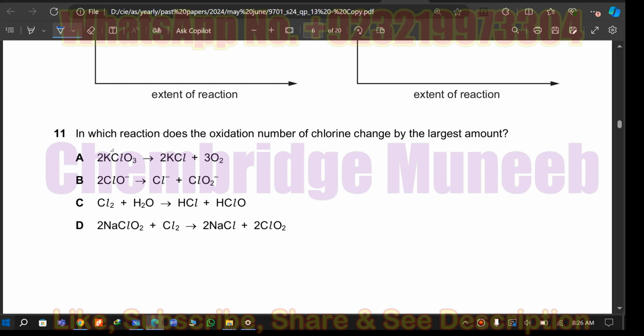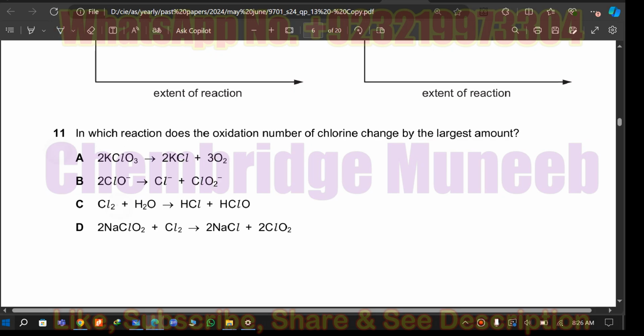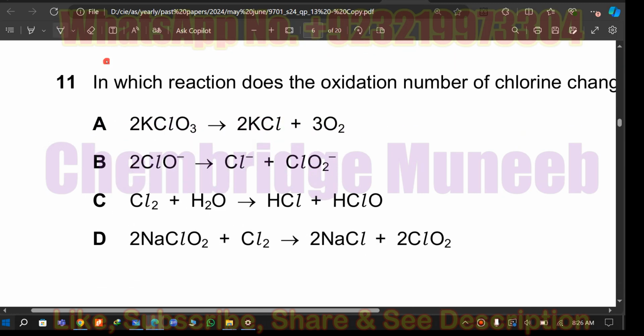So in option A, the oxidation number of the chlorine will be +5 over here, because oxygen is -2, -2 times 3 is -6, and potassium is +1. So that's why the charge on the chlorine will be +5, and the charge on this chlorine is very easy, it is -1. In option B, this ClO is negative, which means oxygen has -2 and the chlorine will have +1. So +1 -2 will give the answer -1.